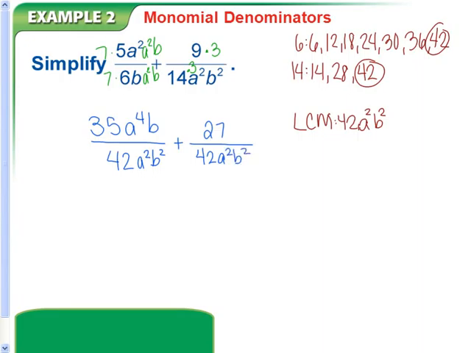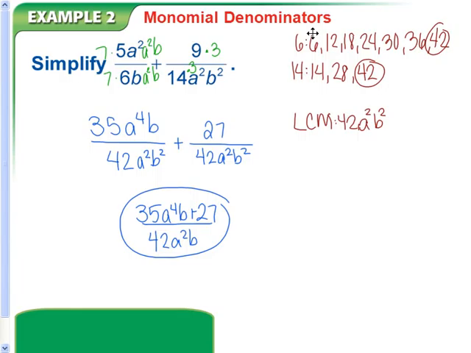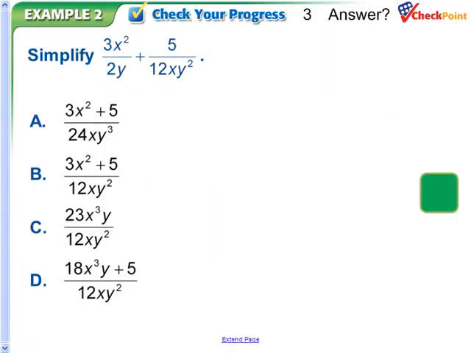Now we have common denominators, so it's like what you were working on the last homework assignment. So we can write 42 a squared b squared, and then since the numerators are not like terms, we can just write them next to each other. And that would be our answer. Okay, go to your left page and try this one on your own.